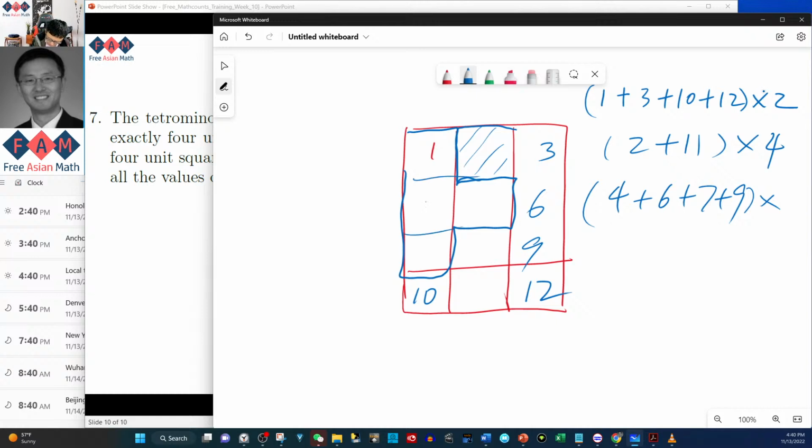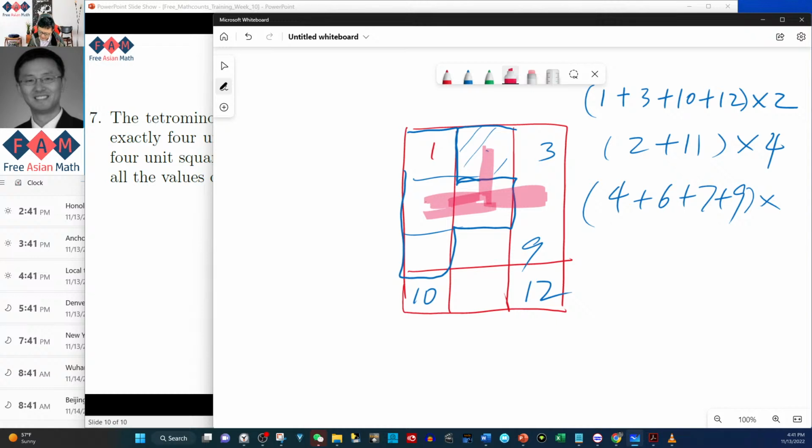So for this one, you can do a lot more. So this one, but you can also do this one, and you can also do this one. I believe there are 1, 2, 3, 4. It looks like you have 6 ways. Yeah, I think there are 6 ways, but that's unimportant.